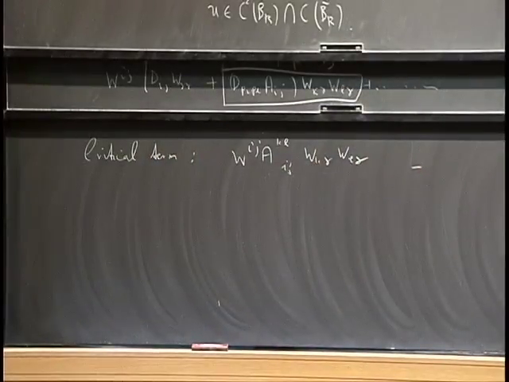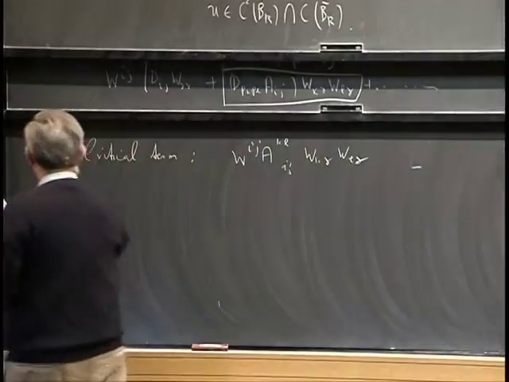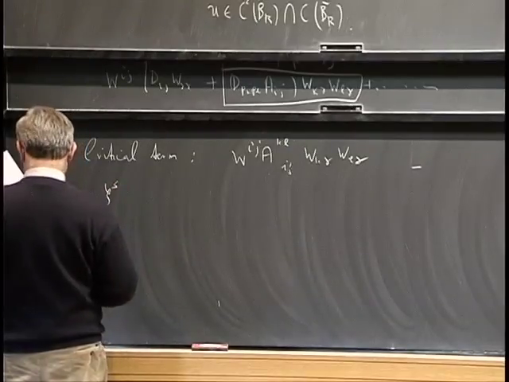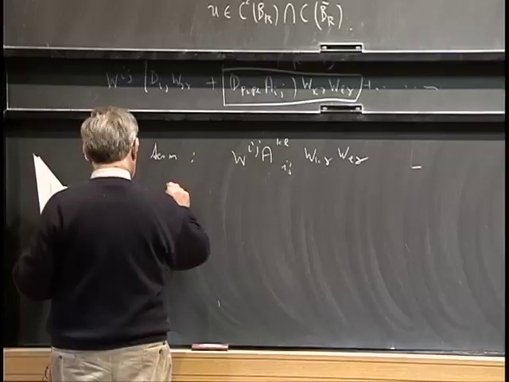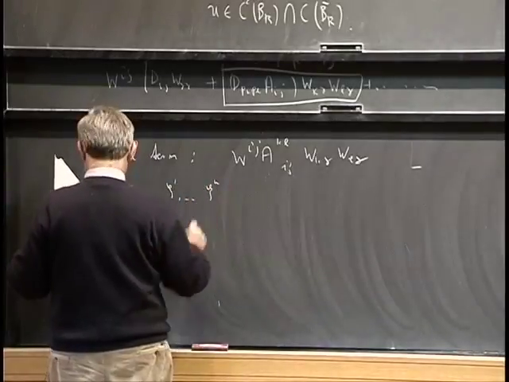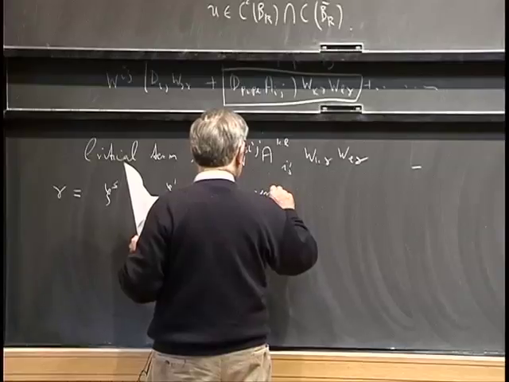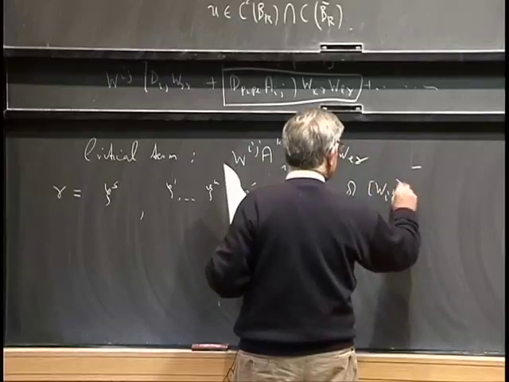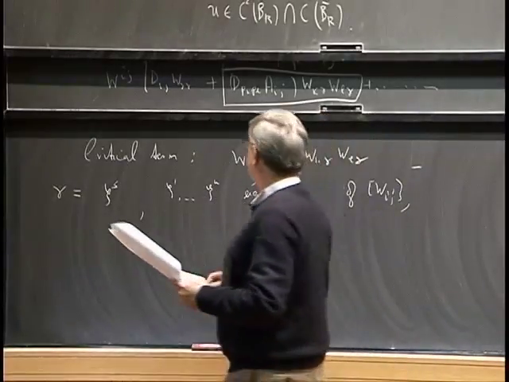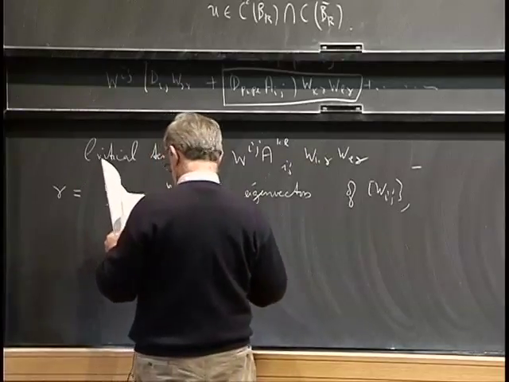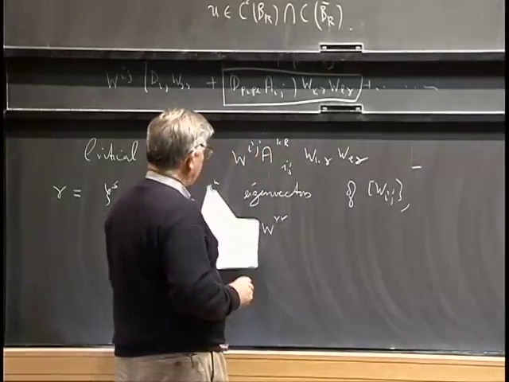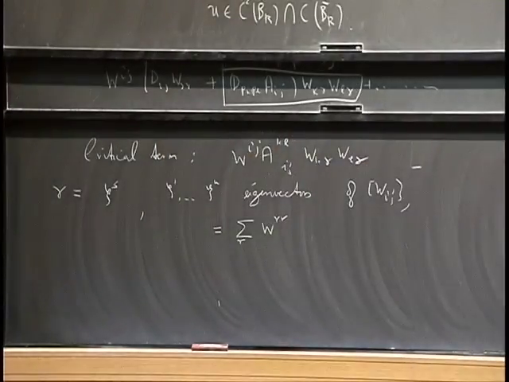Okay, let's make that explicit. Let's take gamma to be one of the eigenvectors of my wij. So psi 1 through psi n, these would be the eigenvectors at a point, the eigenvectors of wij. Okay, then we can write this term in the following way. This would be a sum over R, would have a WRR. I'm just using these W's with repeated indices for the eigenvalues now.